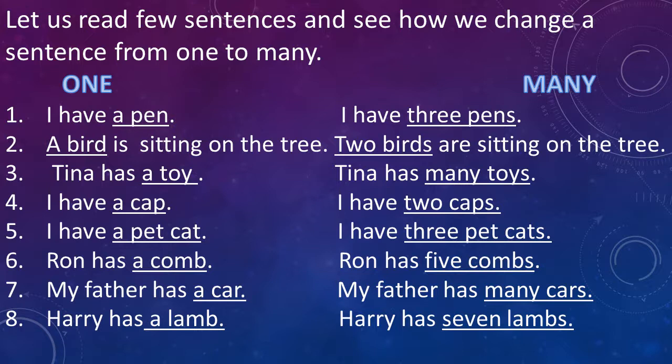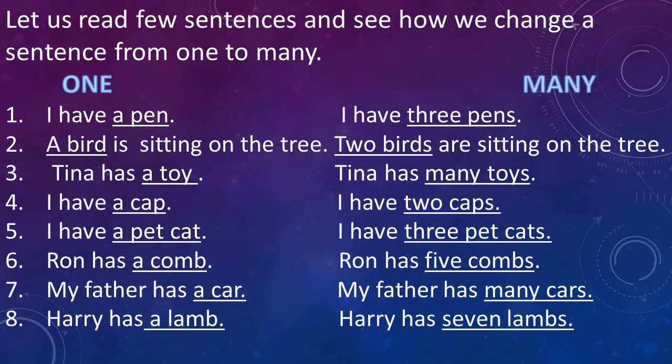I will add S to car and it becomes my father has many cars. My father has two cars. My father has ten cars. What am I doing? I am adding S. When I add S, it changes from one to many.